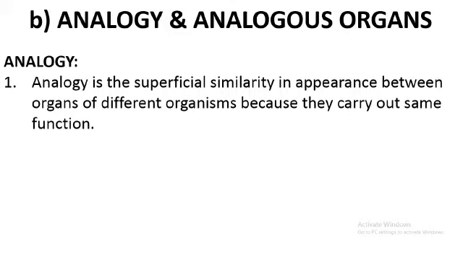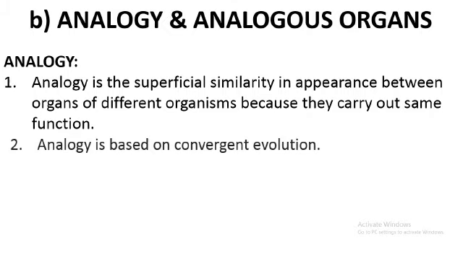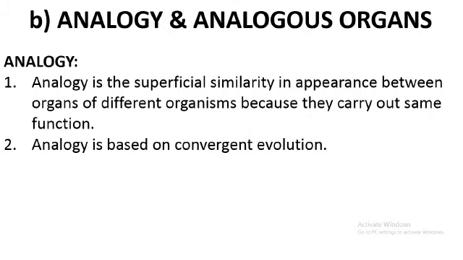This is a superficial similarity. Structurally they are not the same, but appearance is similar because they carry out the same function, since there is the same need. So the phenomenon of superficial similarity in appearance between the organs of different organisms because they carry out the same function is called analogy.